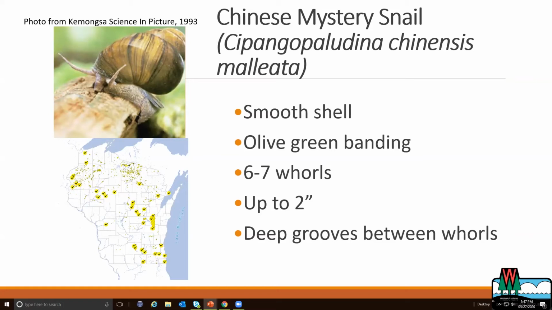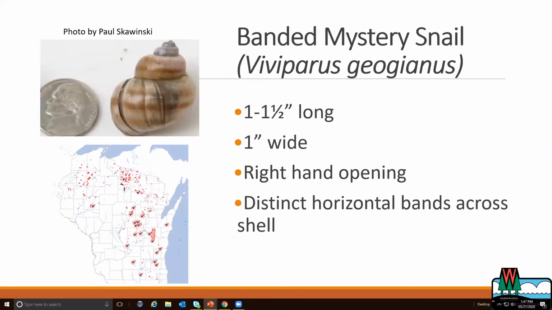This one's olive green and found pretty much all over the state except for the Southwest. There aren't as many verified populations. And then the banded mystery snail is more brown and white, kind of mottled looking, but still has those distinct bands. It's a little bit smaller than the Chinese mystery snail, and still has that right-handed opening.